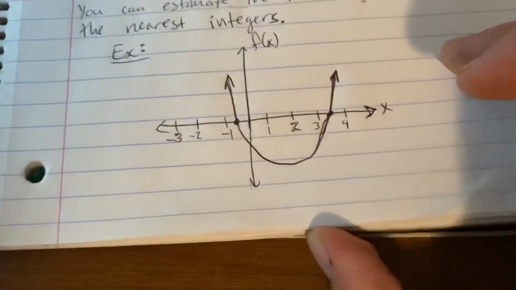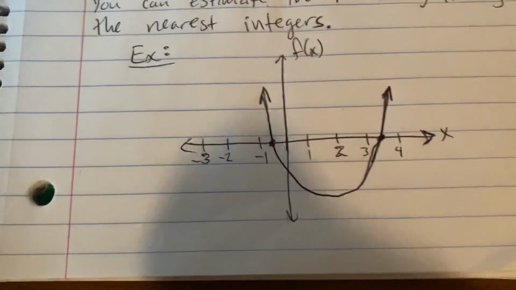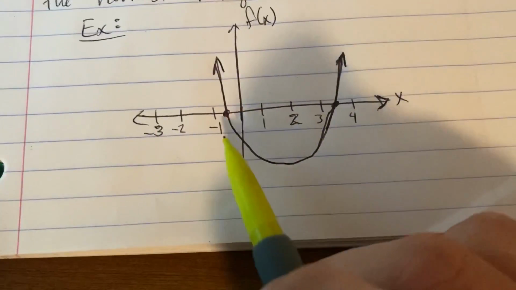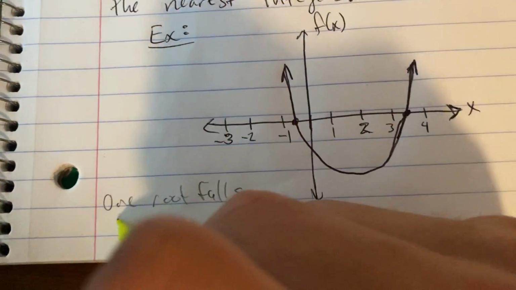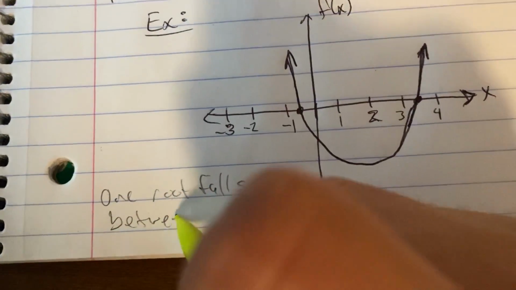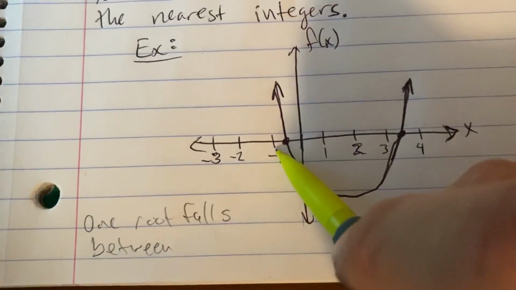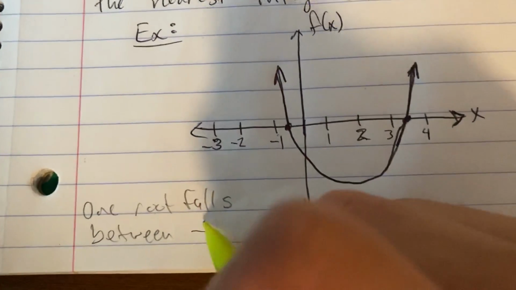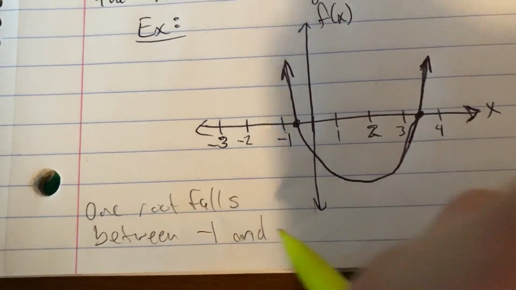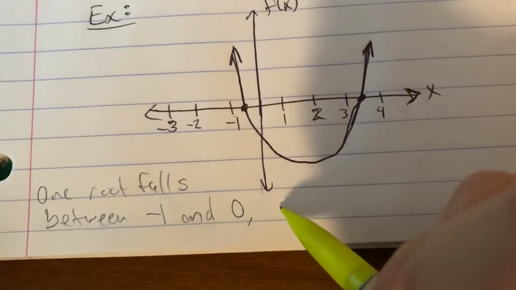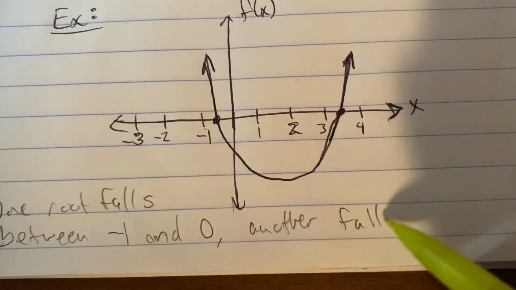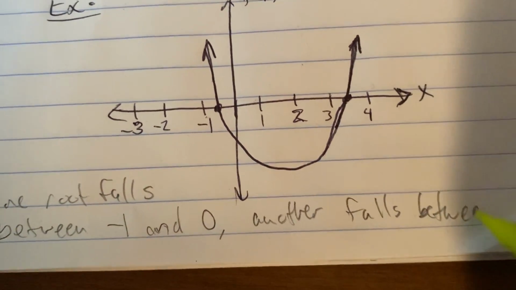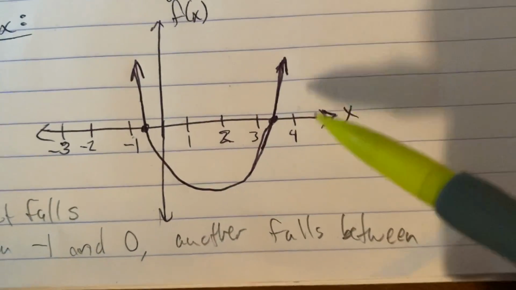What we would do in this instance is we would say that one root falls between, where does it fall between? Negative 1 and 0. Another falls between, where's this one?